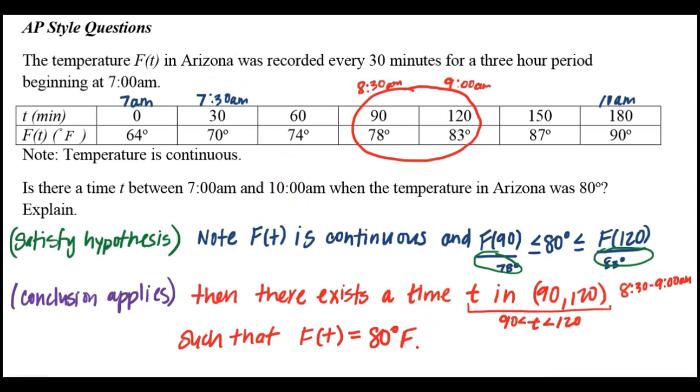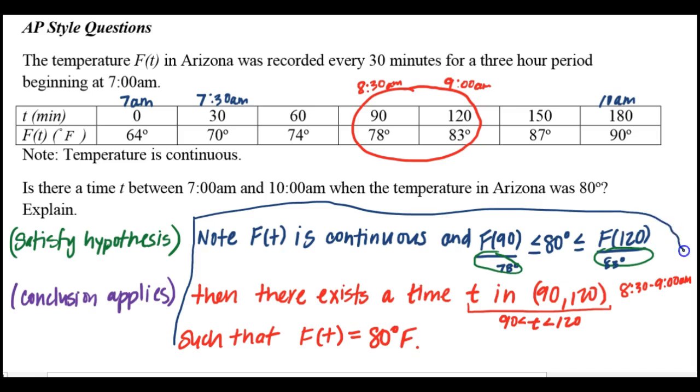So the part that we actually have to write is this. I actually have to write all of this out. So f of t is continuous and 80 is trapped between f of 90 and f of 120.